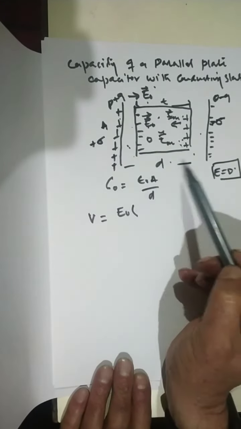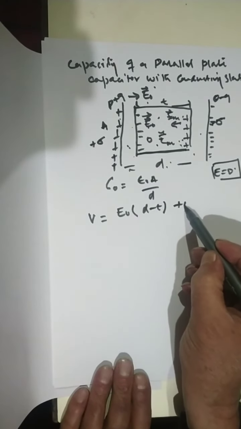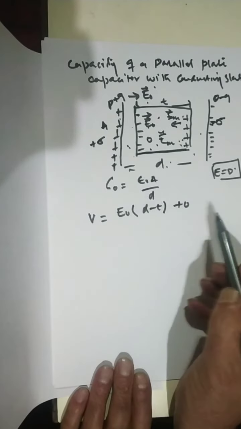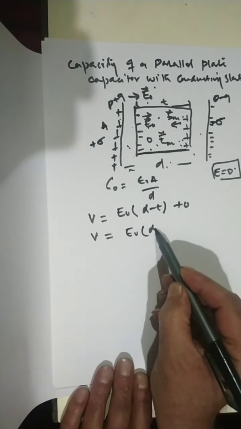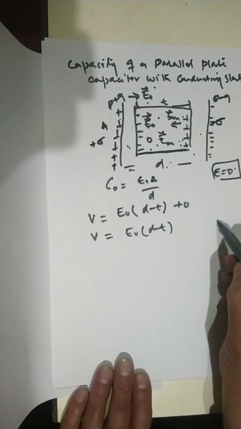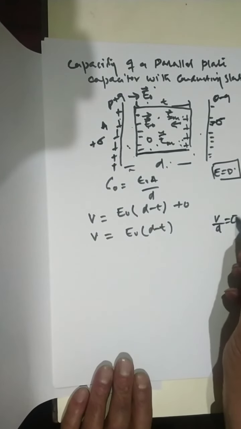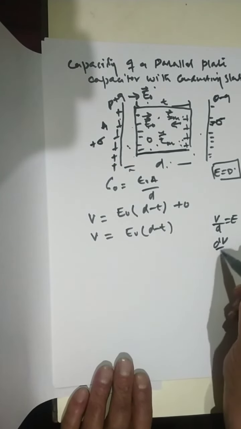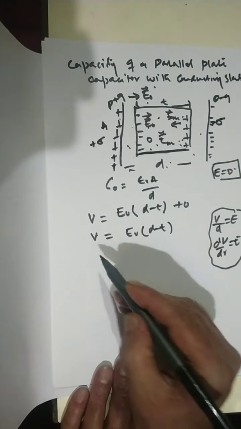Inside the conducting slab it is zero. So the total potential is E0 times (D minus t). We are applying the formula V by D is equal to E, or dV by dr is equal to E. We apply this formula here to calculate V.